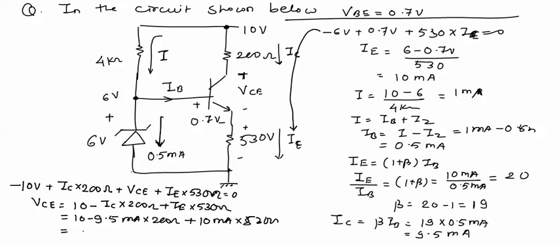This VC comes out to be 2.8 volts. So beta equals 19 and VC equals 2.8 volt. So option A is correct.